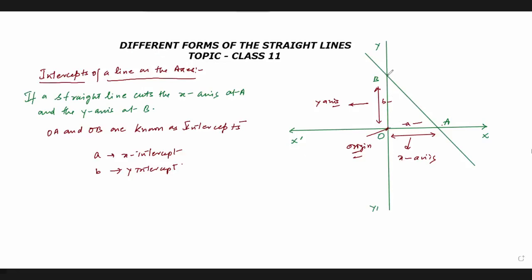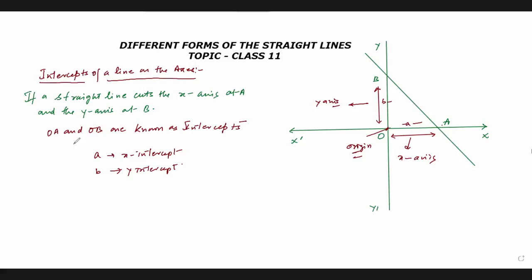Similarly, OB is positive because it is on OY, and if it is on OY dash, it will be negative. So my x-intercept and y-intercept are the distances from the origin on the x-axis and y-axis where my line is cutting both the axes. These intercepts can be positive or negative, depending on in which direction the line is cutting the coordinate axis.